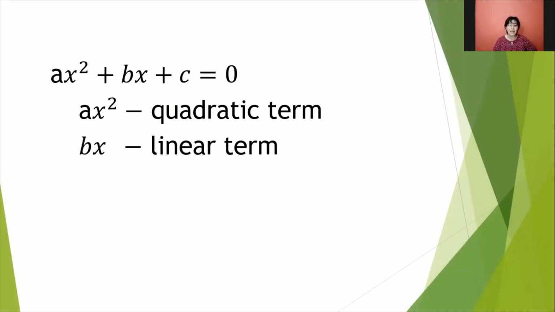Then bx is the linear term. B is the numerical coefficient of the linear term. Okay? And c is known as the constant term.